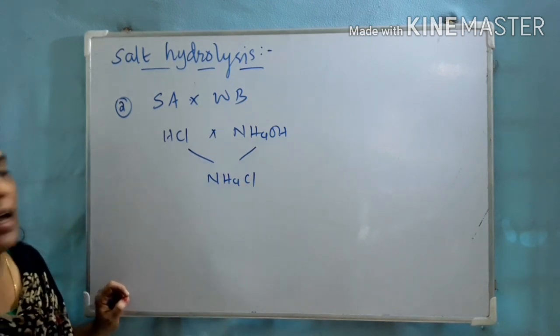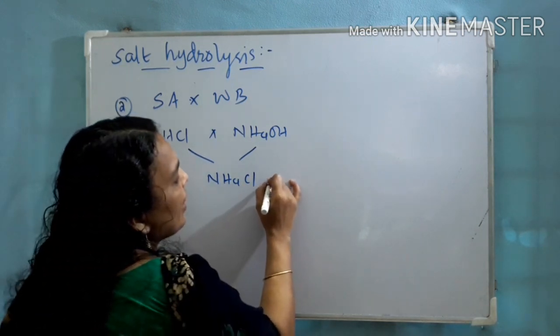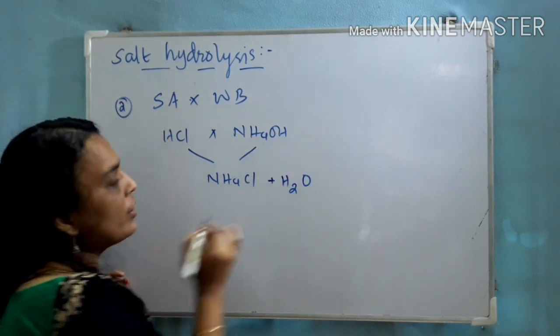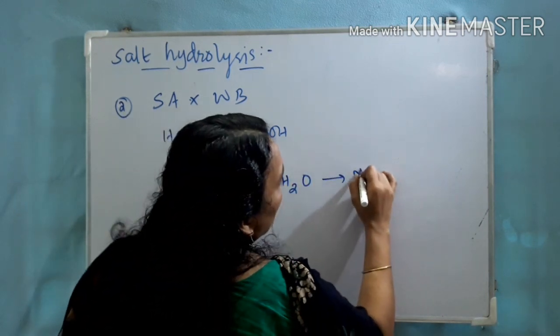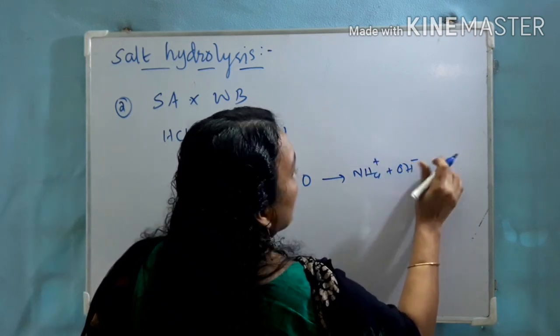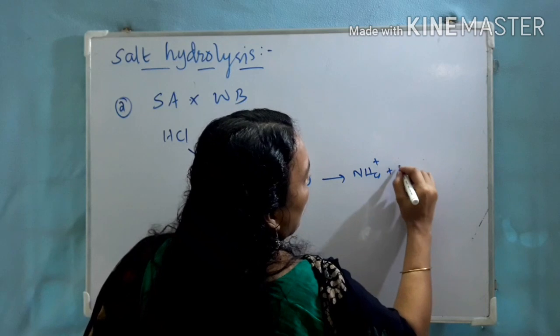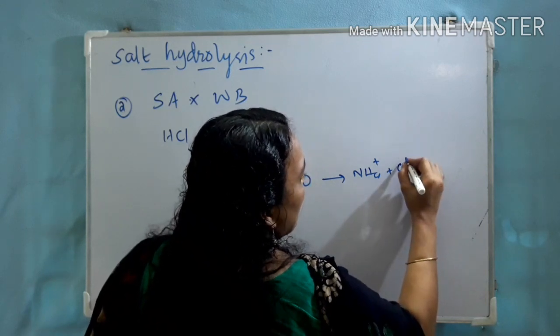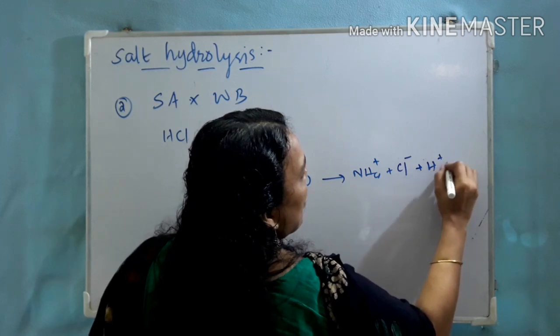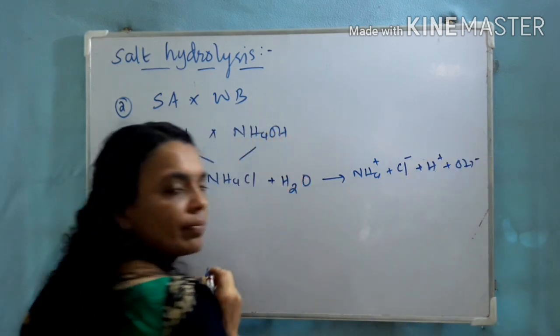Let us see the hydrolysis of ammonium chloride. Ammonium chloride undergoes hydrolysis to form NH4+ Cl- plus H+ OH-.